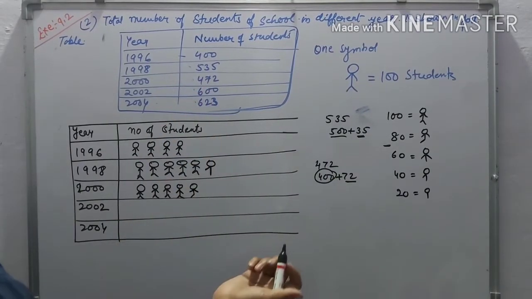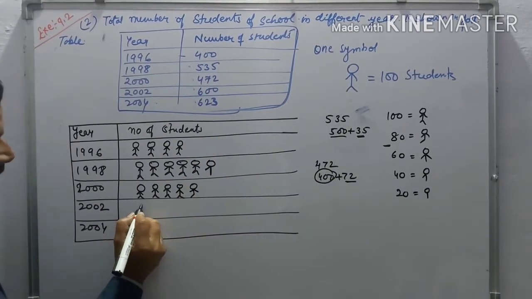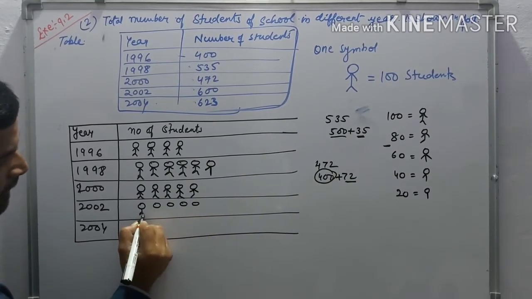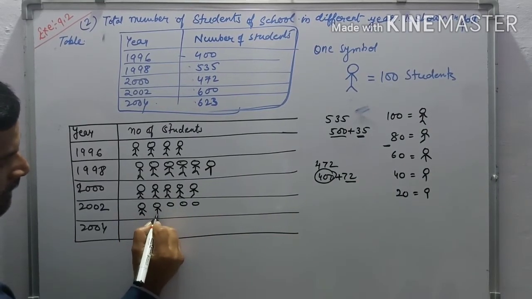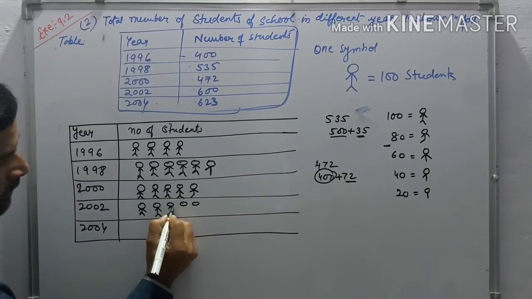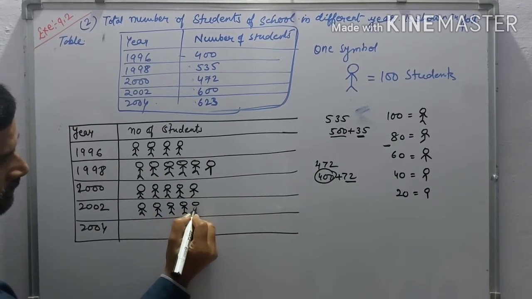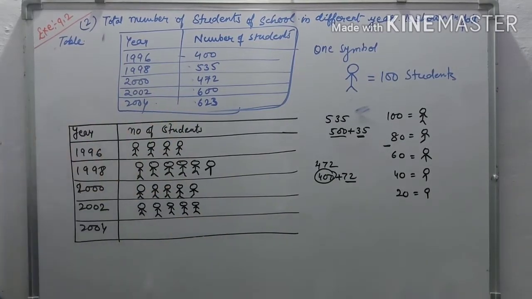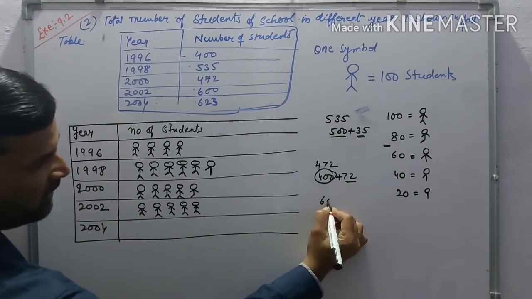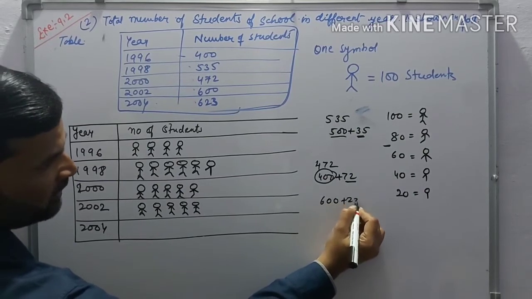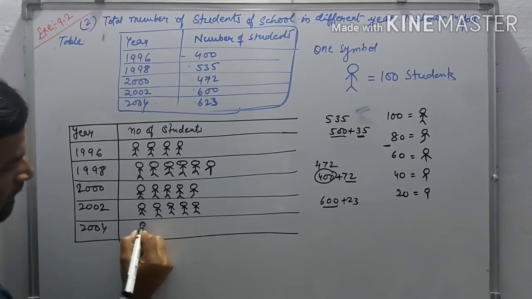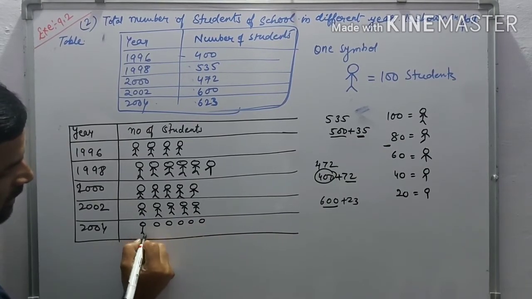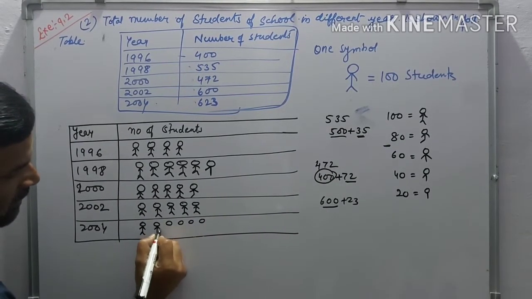Next is 300, 600. 600 means you have to draw 6 full symbols. Okay, and 623. 600 plus 23. 6 will be full. 2, 3, 4, 5, 6, and 6 is complete.